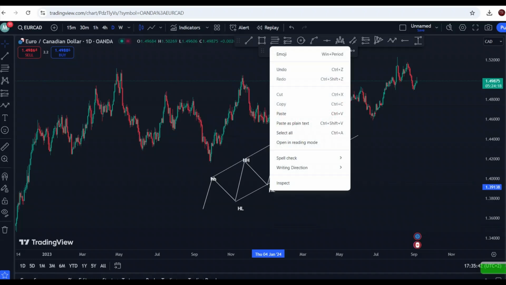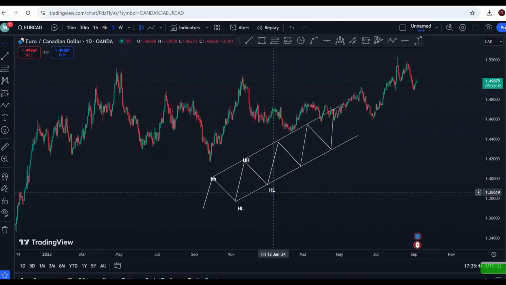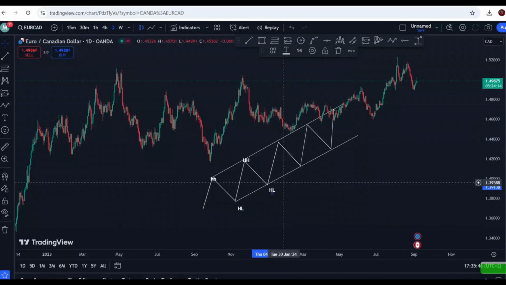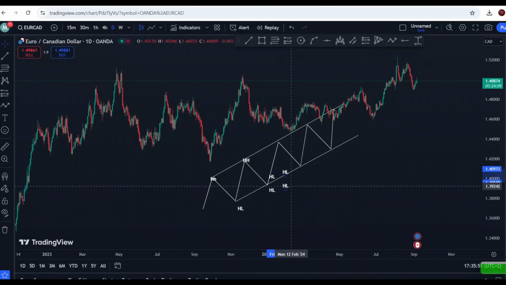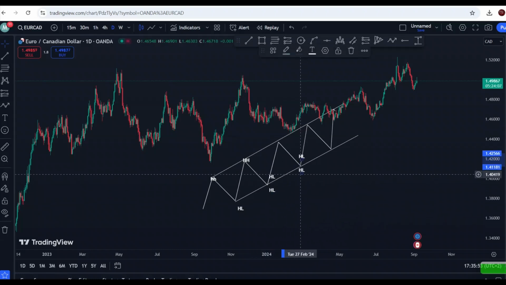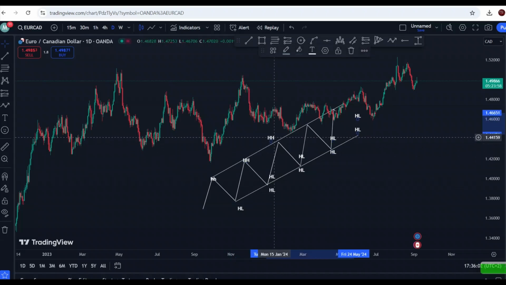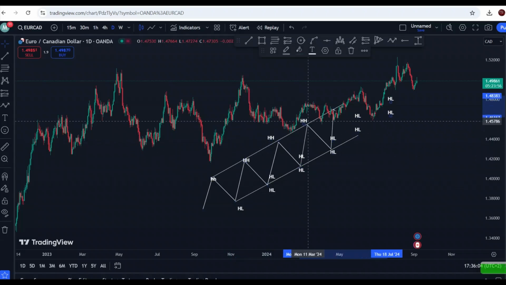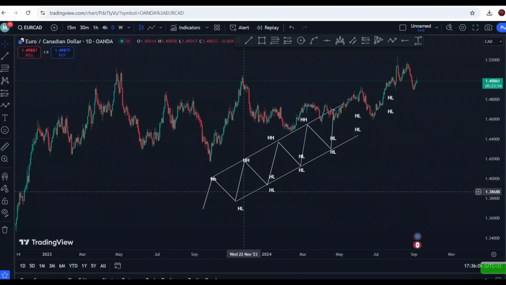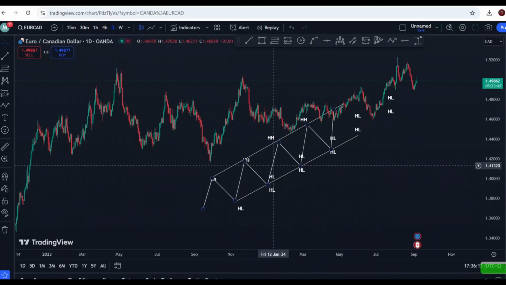Let me just clone this diagram. Something like this, something like this.